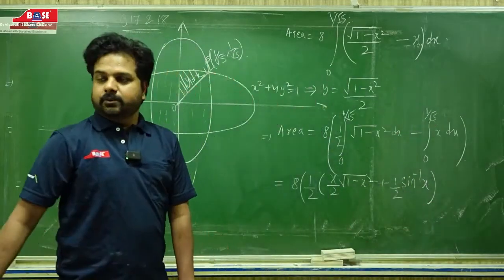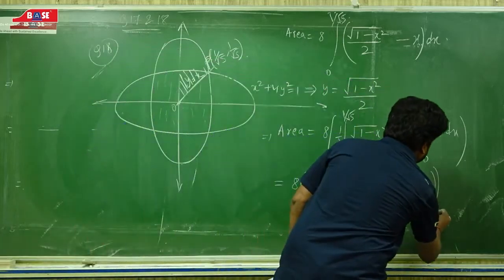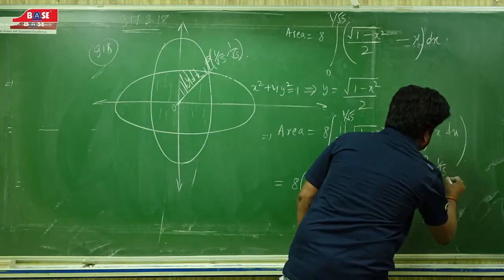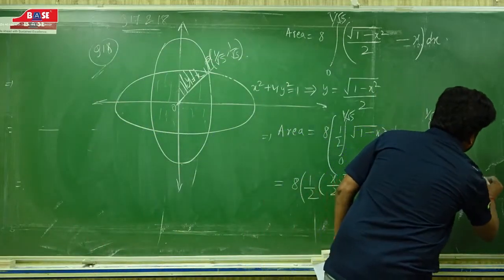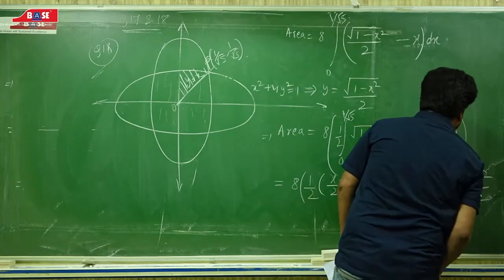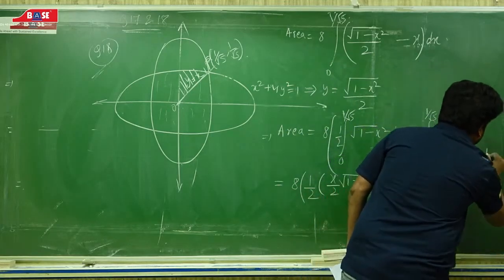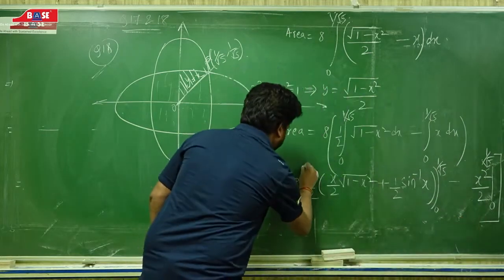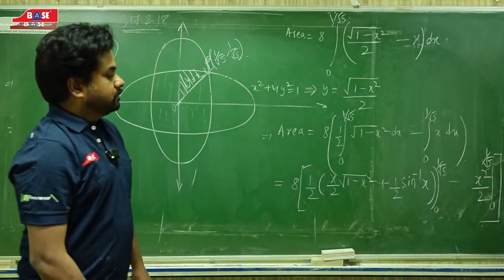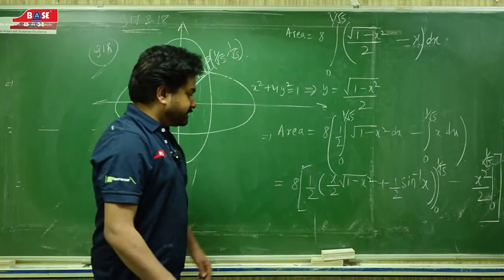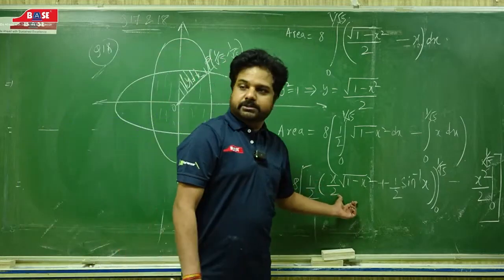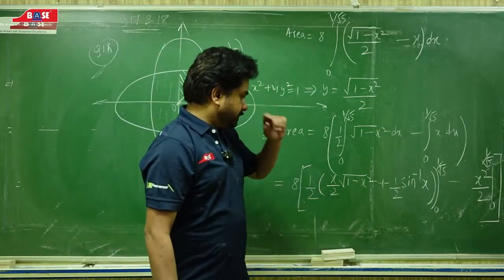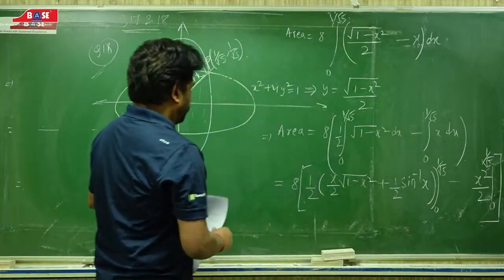And we know that a is 1, right? And this is from 0 to 1 by root 5. Minus what? x square by 2, from 0 to 1 by root 5. Clear? So you can see after this, we just have to substitute the limits, right? And once we substitute the limits, we'll get the result.